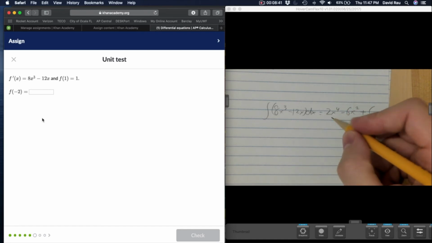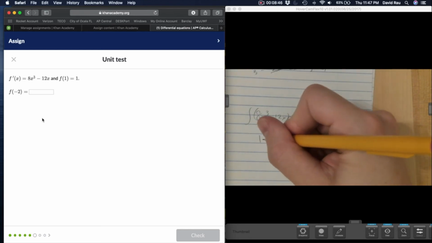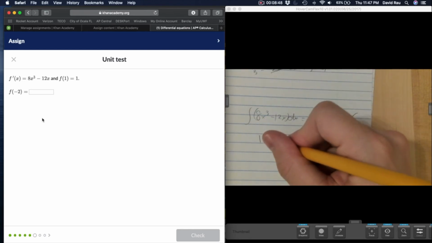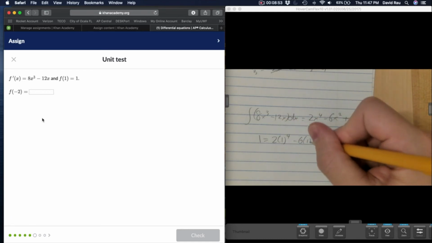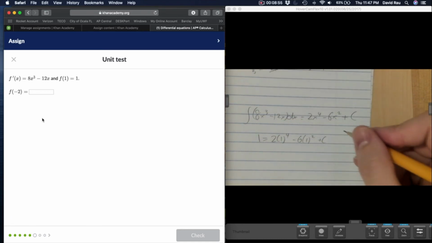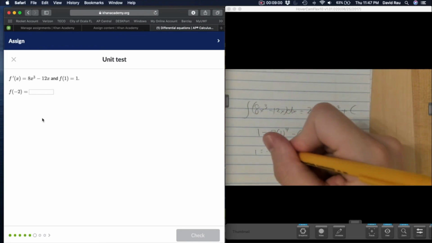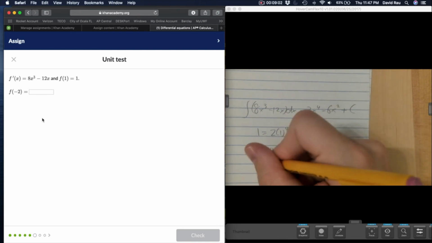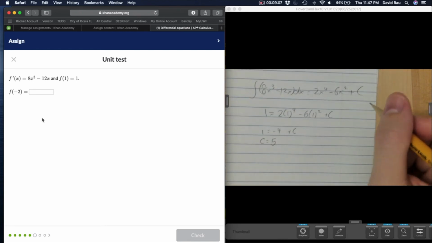So this time we need to be able to plug in 1 and get 1. So in other words, 1, the y value, is what you get when you substitute 1 in for x. So what is c? And so that means we have 1 equals negative 4 plus c, and that means c is equal to 5.